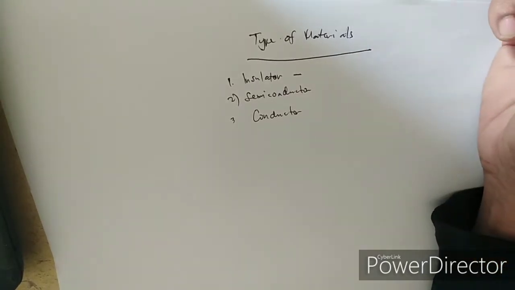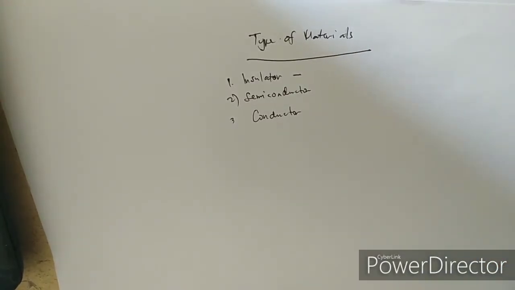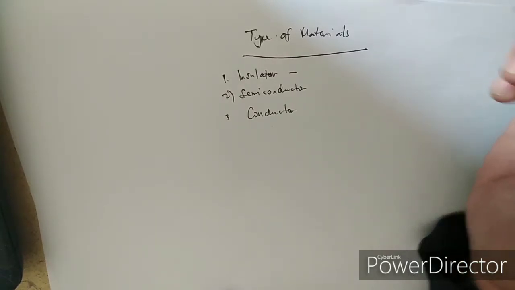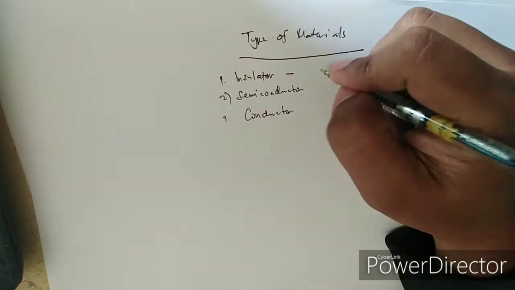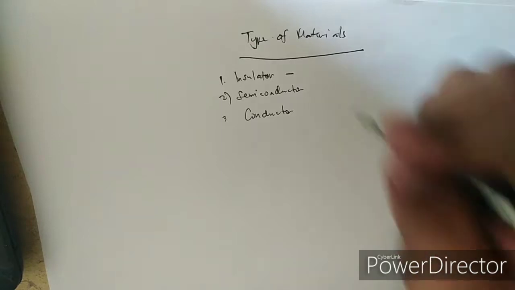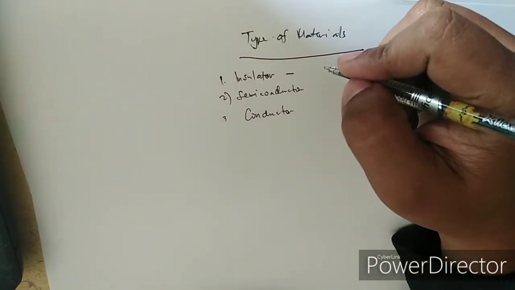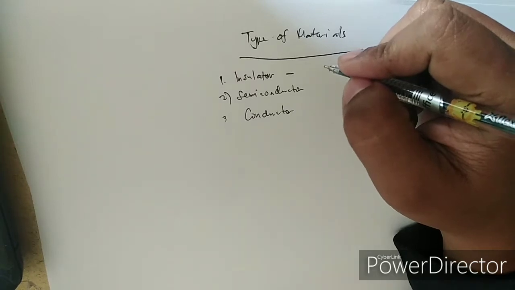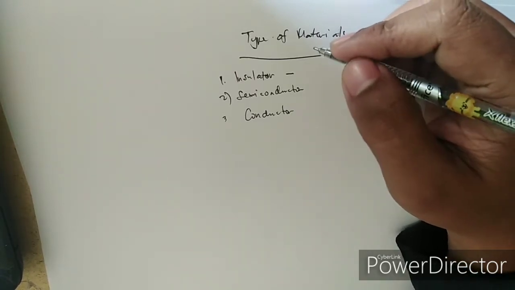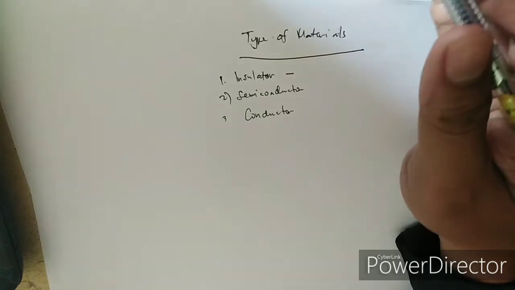So the insulator, if you read the slide or the presentation, is a material that offers a very low level of conductivity under pressure from an applied voltage source. It is not a conductor, so it does not conduct electricity as well as heat. It will not allow current to flow.